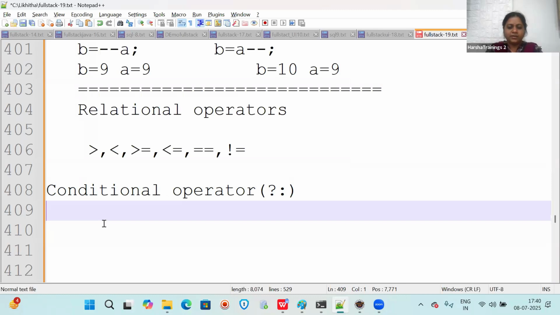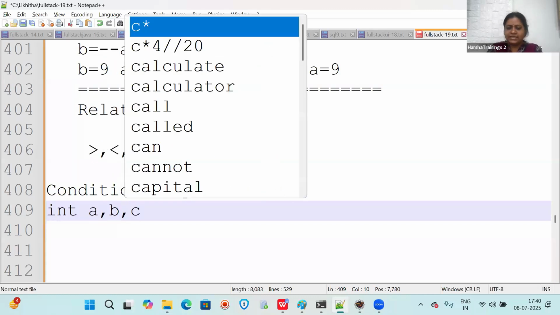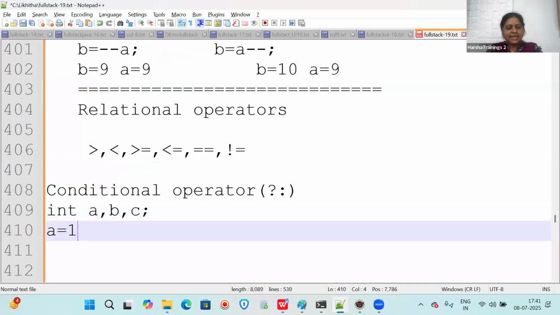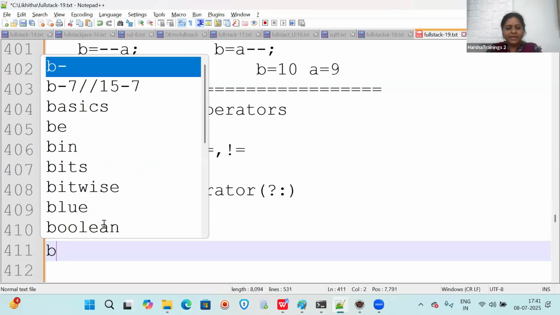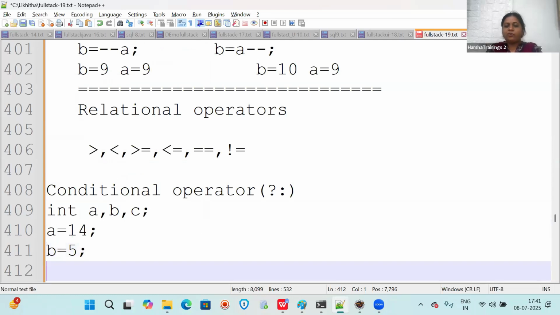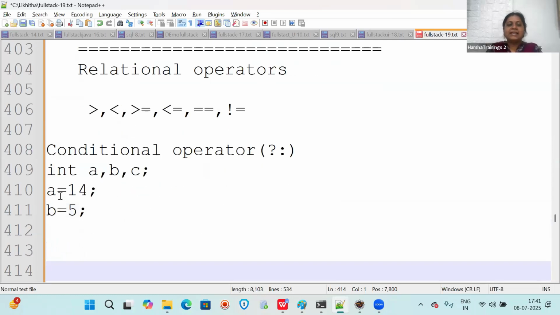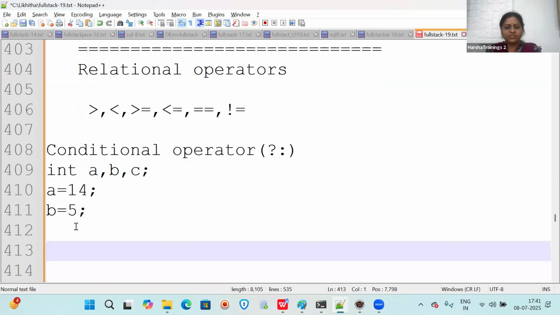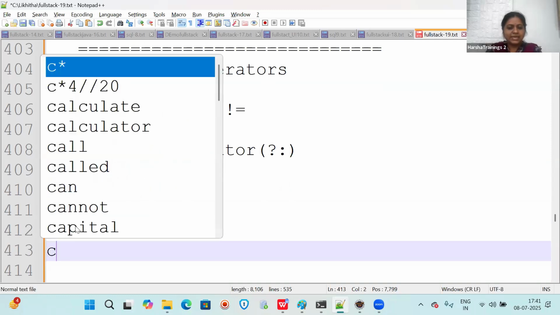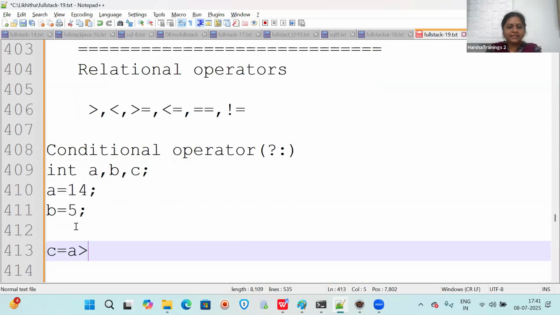Suppose there are three variables, a, b, c, and I assigned a equal to 14 and b equal to 5. Now I want to find and display the greatest of these two numbers. So I will write c is equal to a greater than b question mark, meaning I'm asking the compiler whether a is greater than b or not.